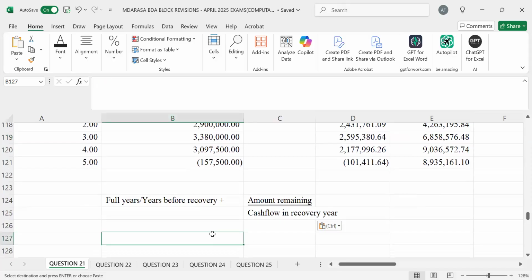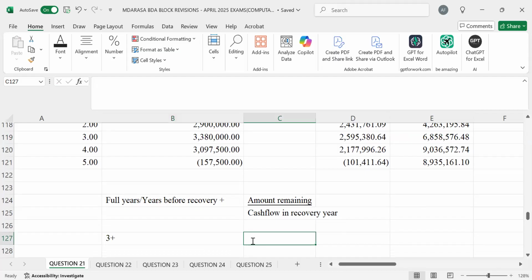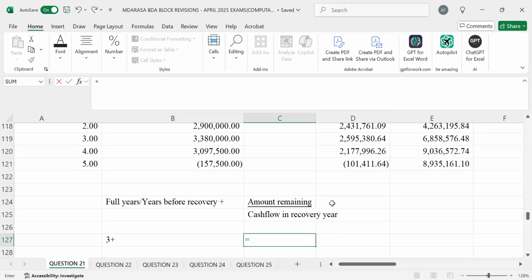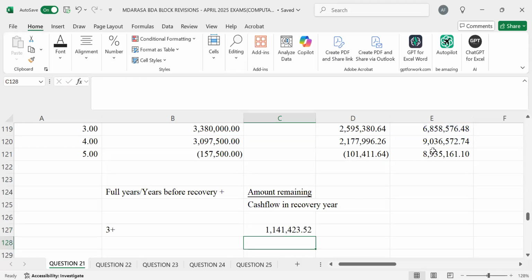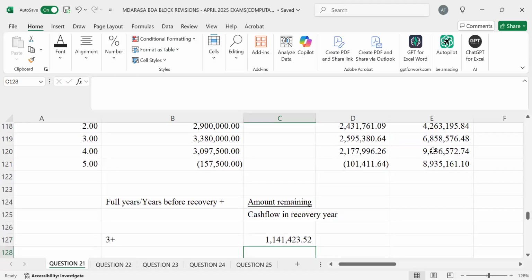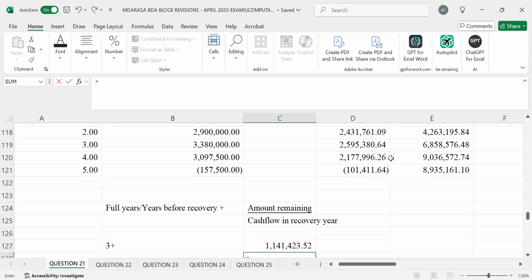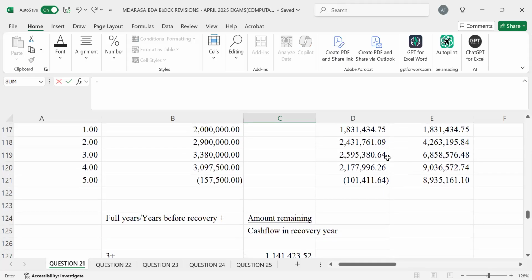So we take our value here, that is 3 years, if using discounted cash flows, plus the initial outlay minus the cumulative before achievement, divided by the cash flows in the year of attainment.